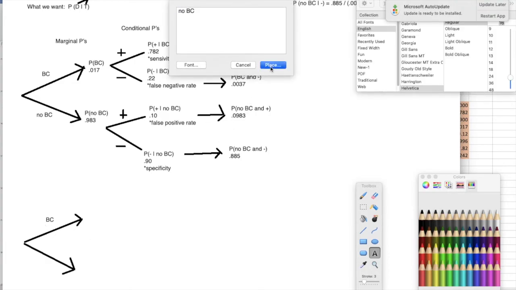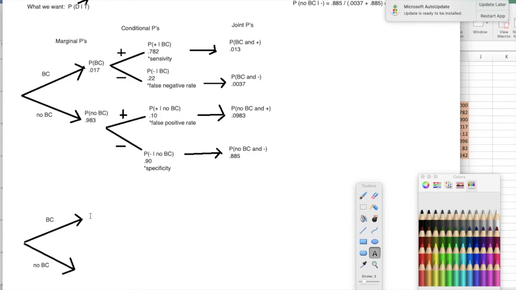No breast cancer. Okay, this is what's different. They're walking in the clinic. They already had a mammogram. They had one. It was positive.